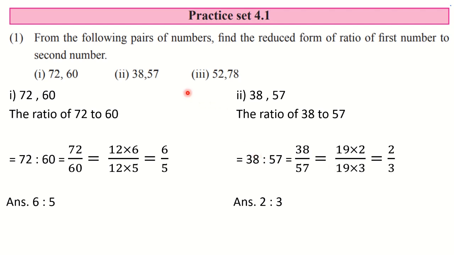The third sum you will solve as homework. 52 and 78. Think, they are in which table? Okay. You have to think of the highest number. And if you cannot think of the highest number, you can go on dividing by small numbers. Like you can divide here by 2 first.